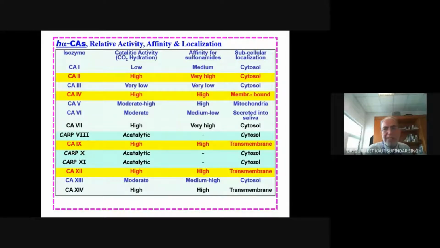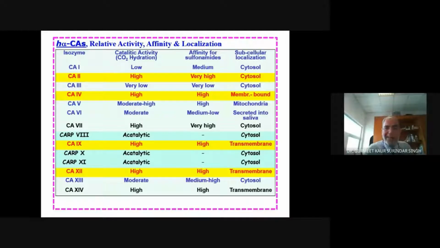Our inhibitor is sulfonamide, and the affinity and catalytic activity vary a lot. But the 4 which we are interested in could be divided into 2 categories. The first one, carbonic anhydrase 1 and 2, are the housekeeping enzymes. They keep the normal physiological functions of the cell.